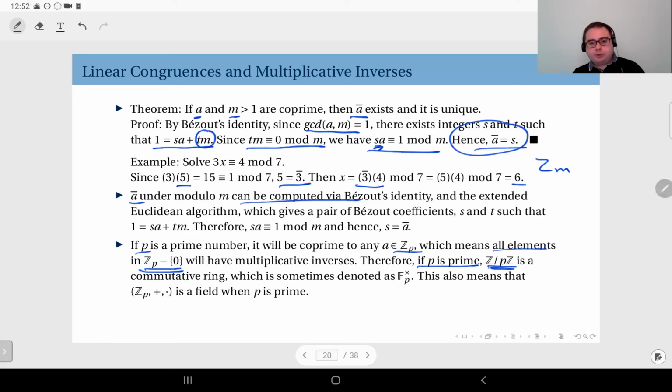This is quite an important ring. It's sometimes denoted using this notation. And this also means that the structure, the set Z sub P, along with addition and multiplication, is a field when the number P is prime.